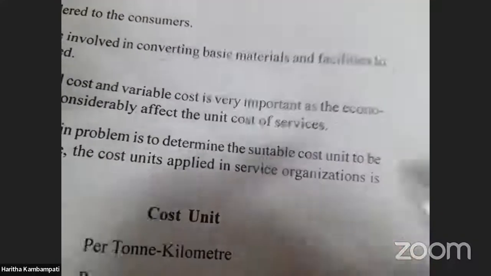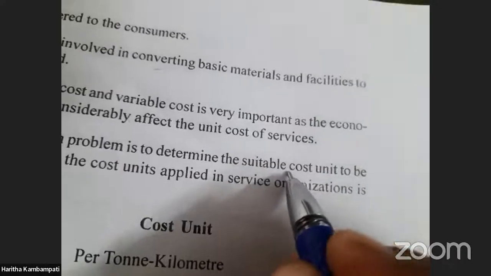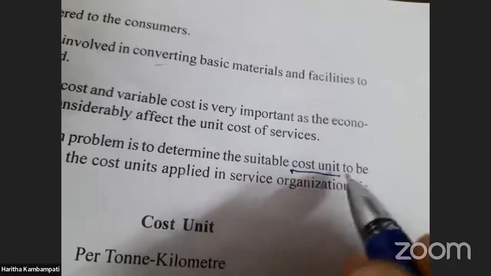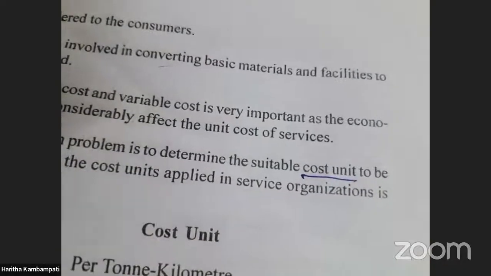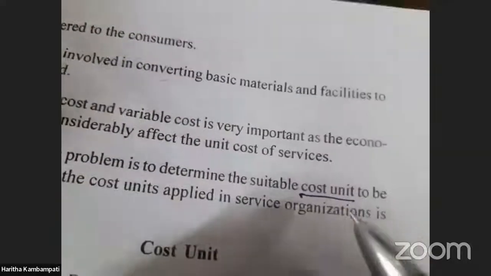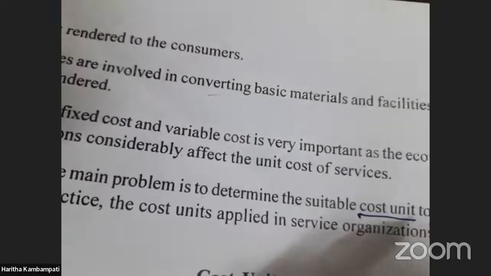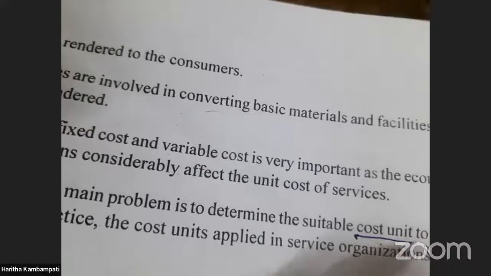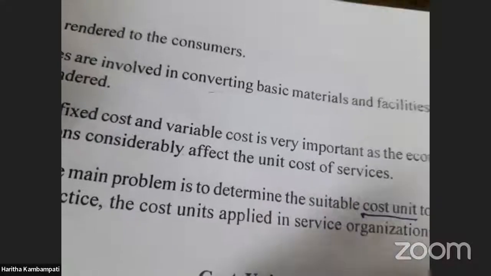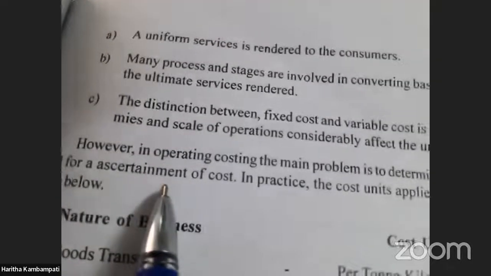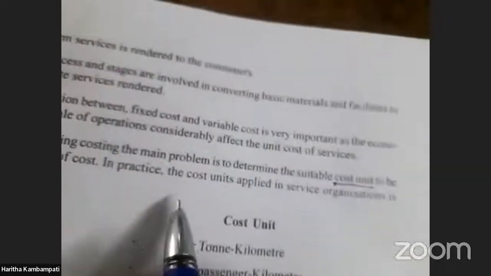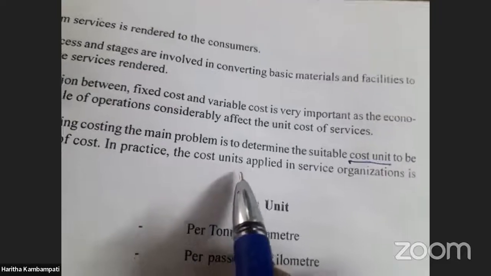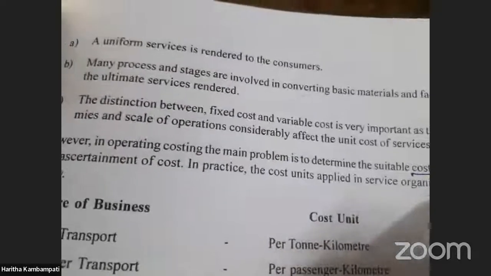Under cost accounting system, identification of cost unit is a main issue. It is going to be used for ascertaining of cost. Usually, the cost units applied in service-oriented organizations might be like this.